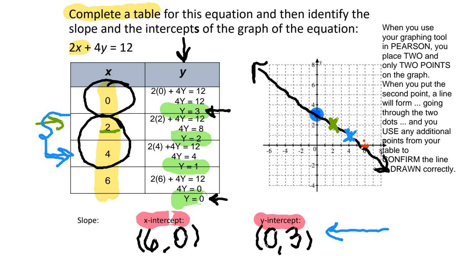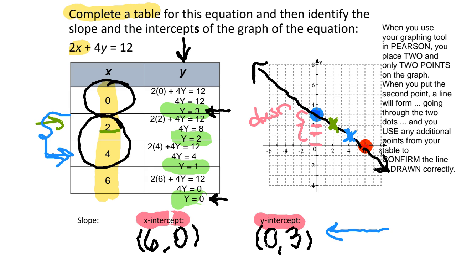Now, we want the slope. Well, they're going to ask you to read the graph. Well, if you need, make the graph bigger so that you can talk about going down. Now notice I'm going to show you here. I made my graph bigger. From the blue dot, I'm going down 1, 2, 3. This is down 3.